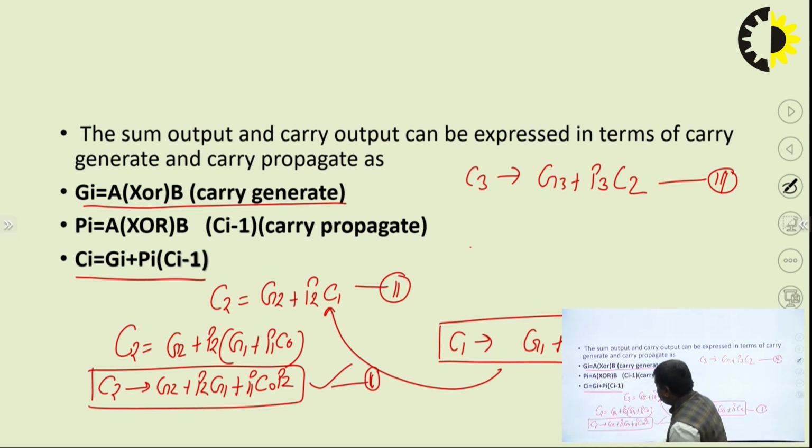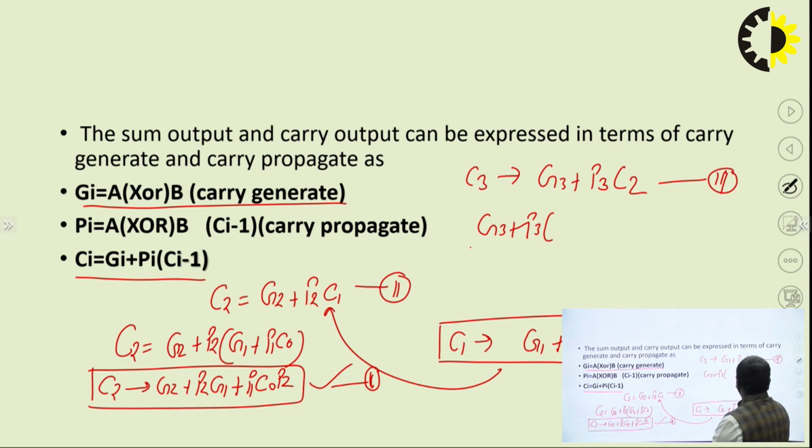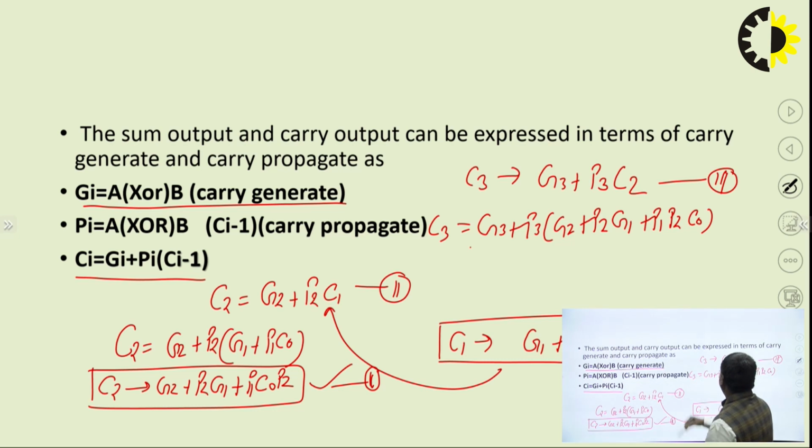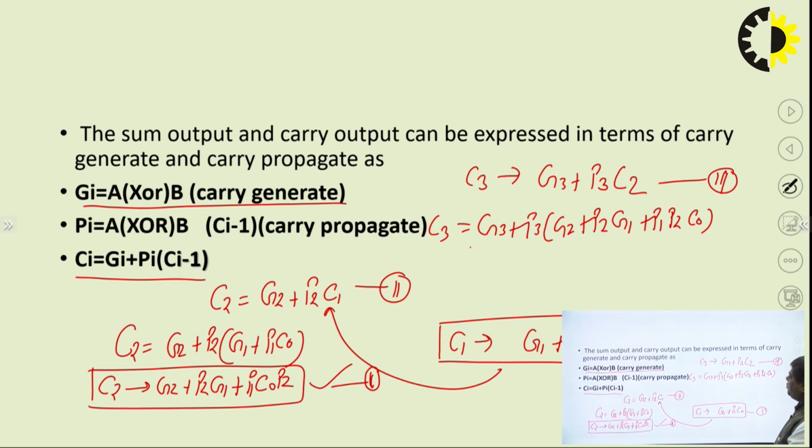Here we find the value of C2, this value we substitute in this equation. Now G3 plus P3, what is the value of C2? That is G2 plus P2 G1, P1, P2 and C0. Now this is the value of C3.